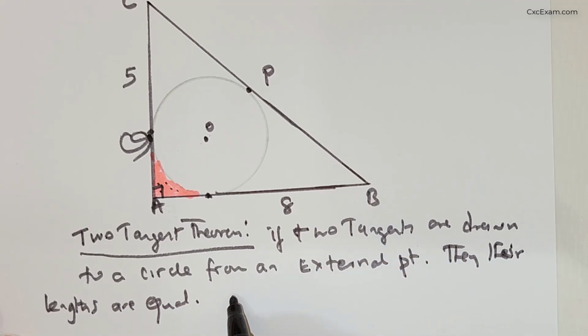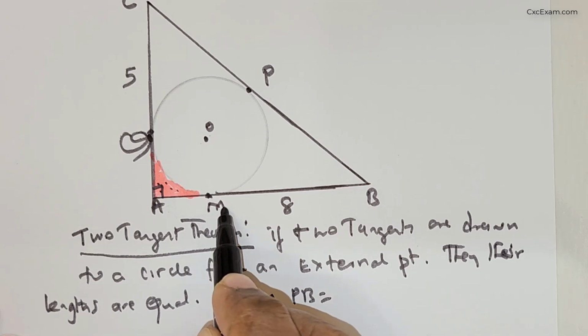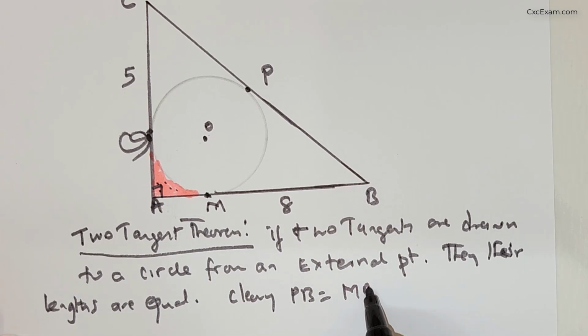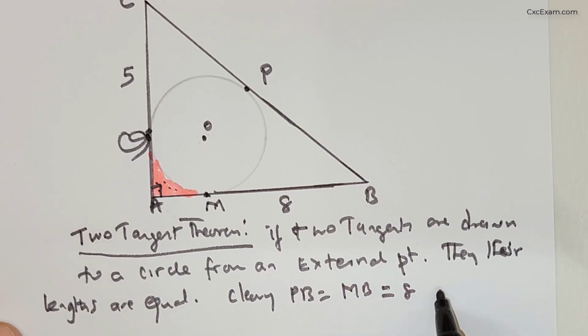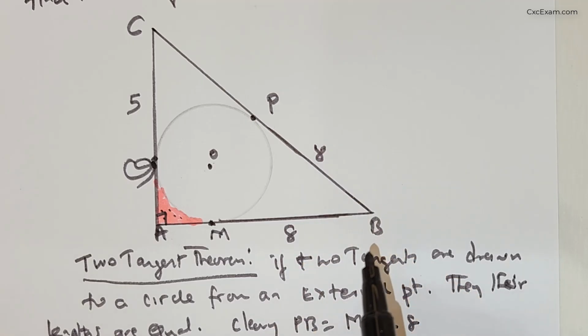So that means clearly PB will be equal to, say, I'm taking this point as M, MB, which is equal to 8. So this distance is 8, so this will also be 8.